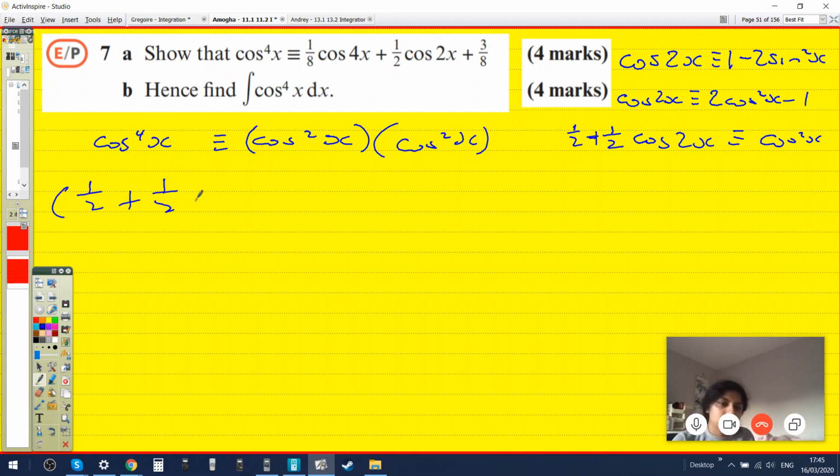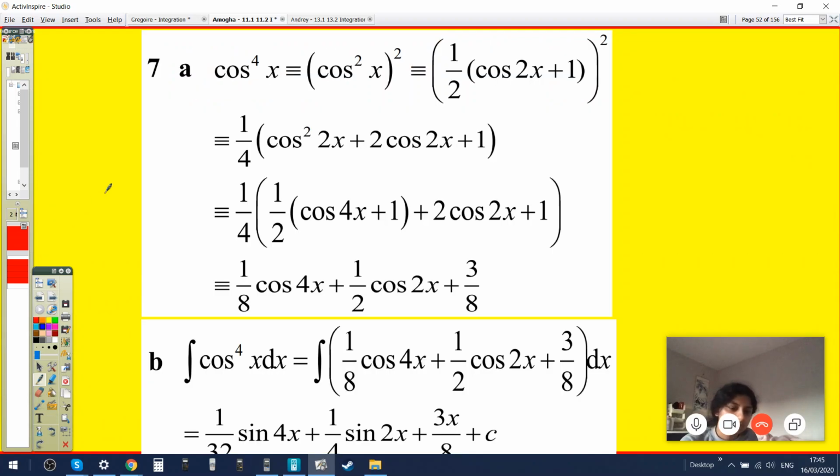But I like their way more of writing that because I don't like that half plus fractions. So you expand these two brackets, and then they expand it. But where did the half come from? The second one.